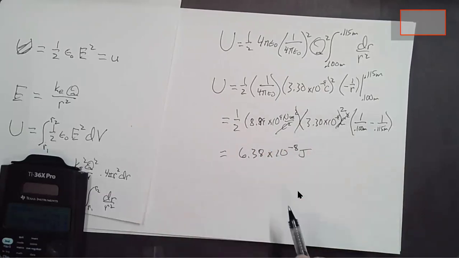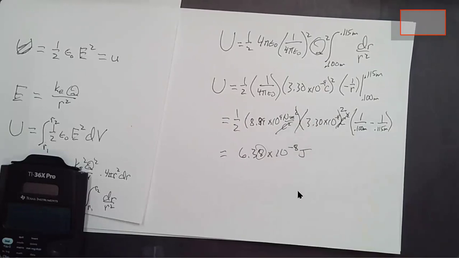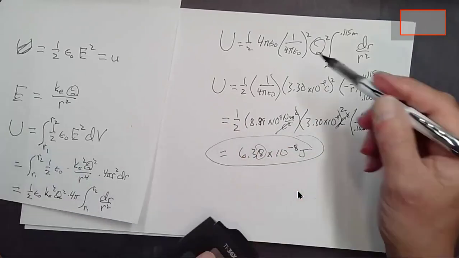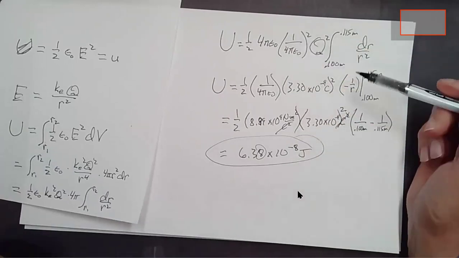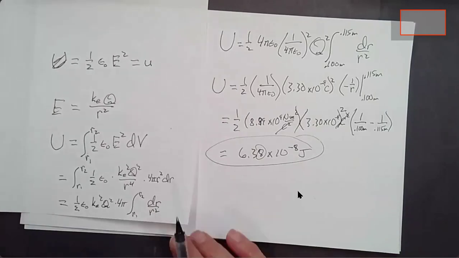Before I had 6.39 times 10 to the minus eighth joules. So got a little bit of round off error. There's uncertainty in this last digit. But anyway, it came out the same way. But this was a whole lot more work to be able to do this. But you can do it that way.